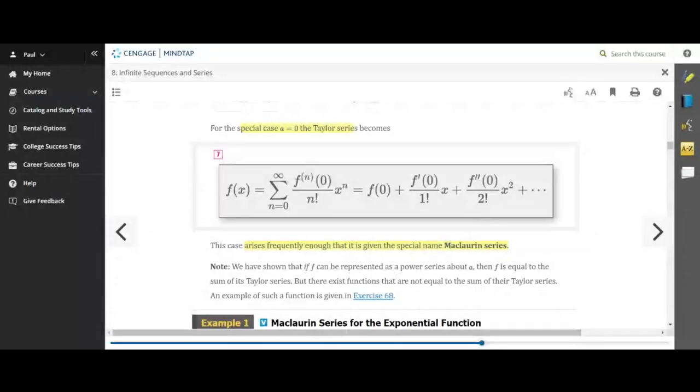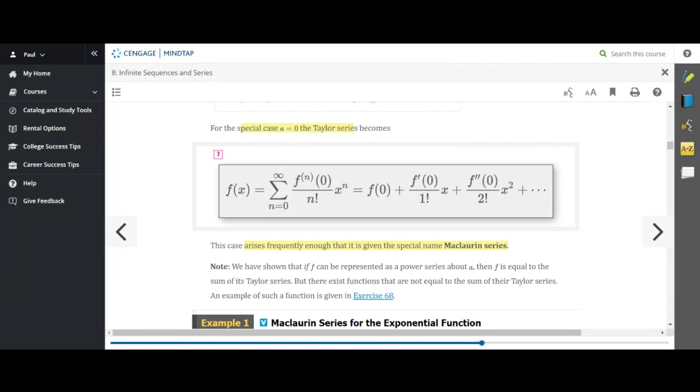Okay, there's the formula right there. What we have to do is find enough terms of the series by taking derivatives, so that we can detect what the pattern is. And once we have the pattern, then we can actually write a formula for the power series.